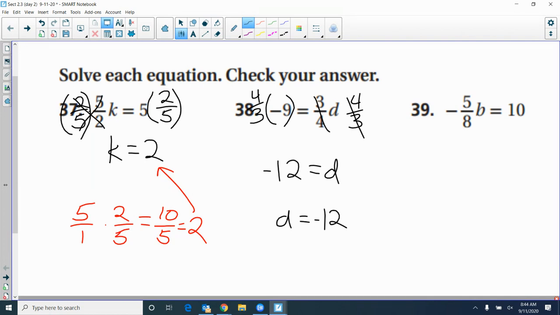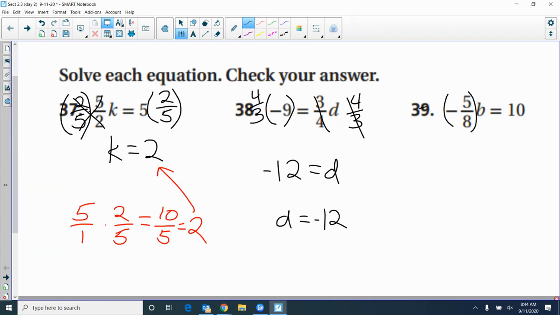And number 39, Zach, go ahead. So first you would flip the negative 5/8 to be negative 8/5. Good. Quick point about that. Since this is a negative, I want to multiply it by a negative because that's going to give me that positive 1 that I'm looking for.